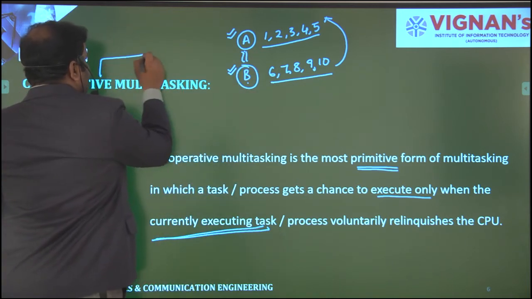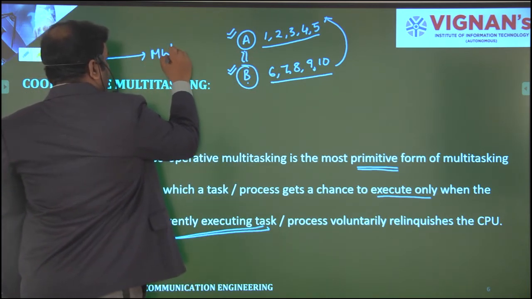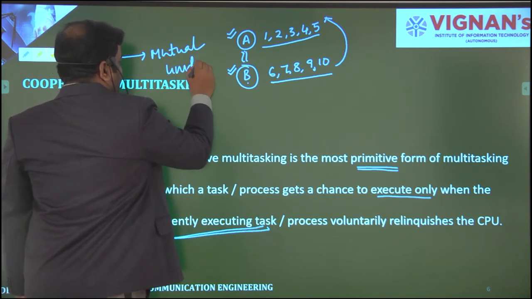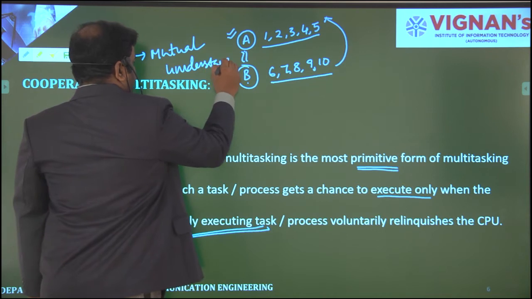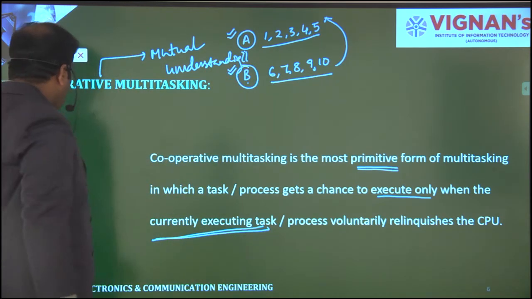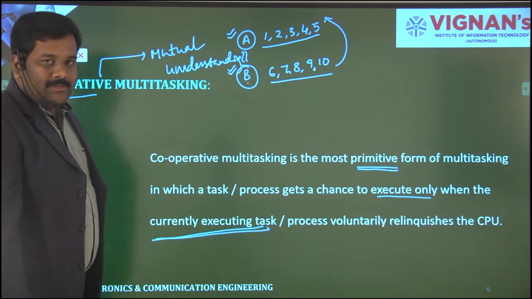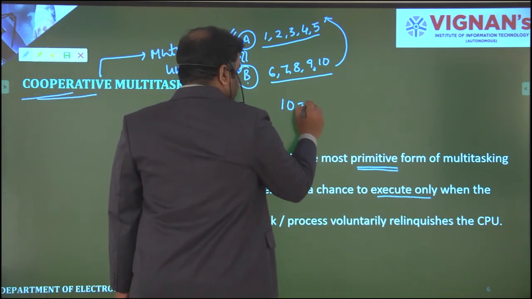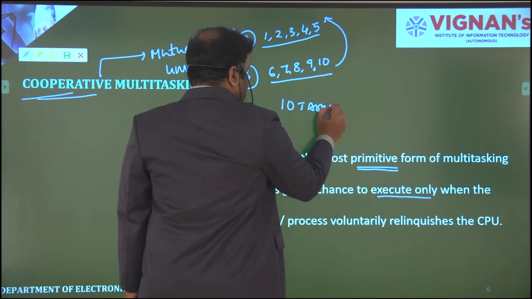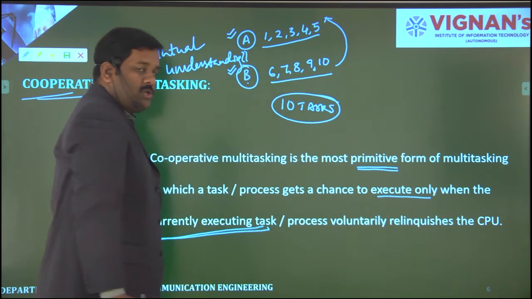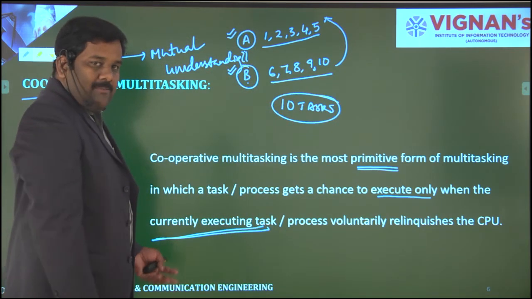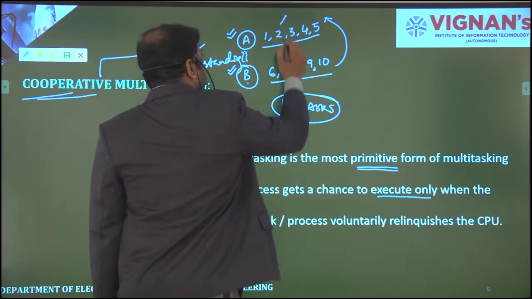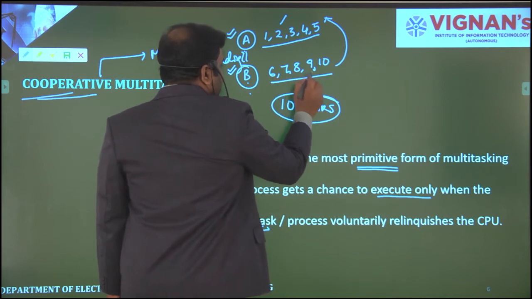That's exactly cooperative multitasking. They would like to finish the 10 tasks usually, but they mutually decided to cooperate with each other. Voluntarily, no one is assigned the work that A has to read 1, 2, 3, 4, 5, and B has to read 6, 7, 8, 9, 10.